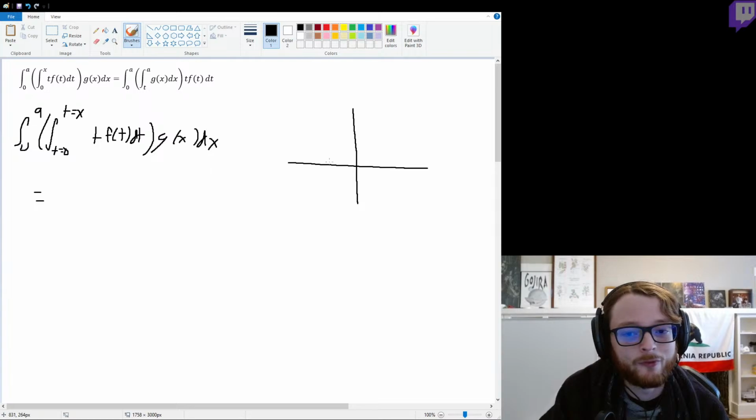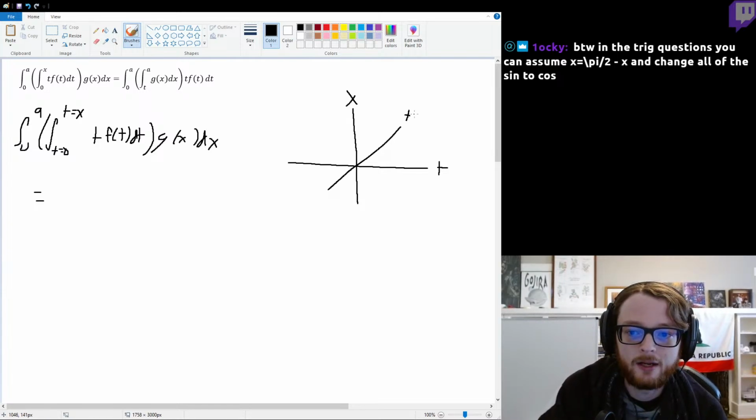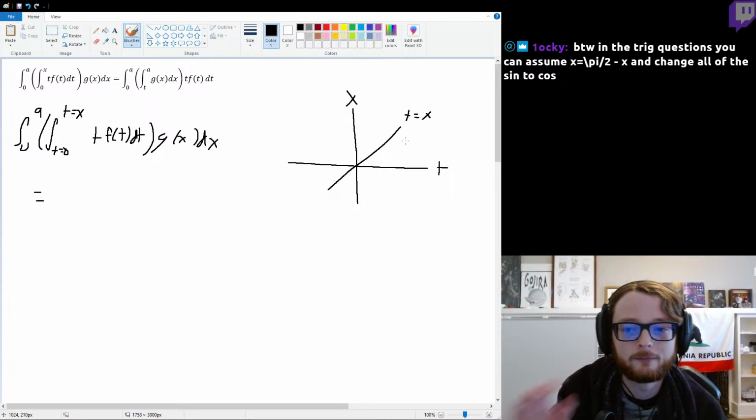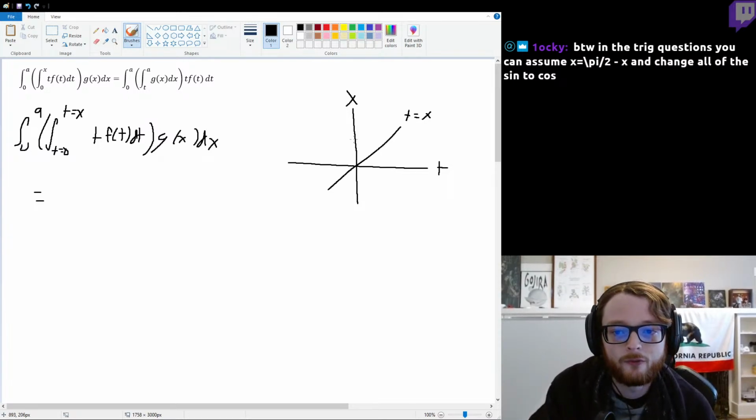So t is going from 0 to x. I don't know if this is the best way to interpret this, but x is going from 0 to a.